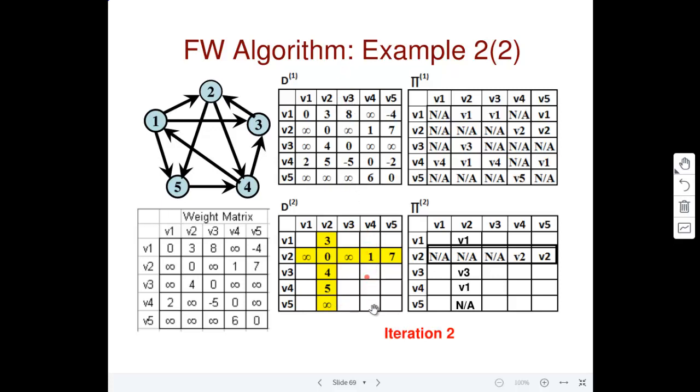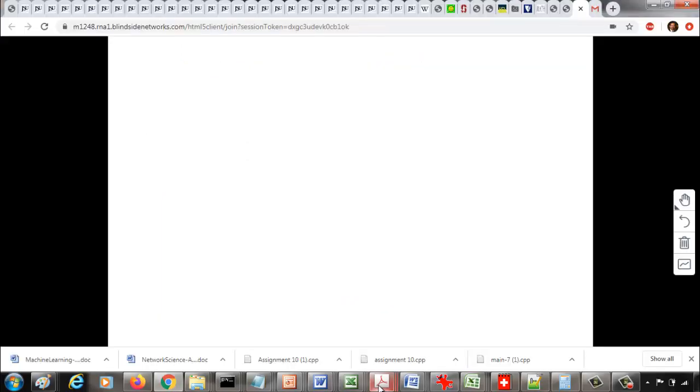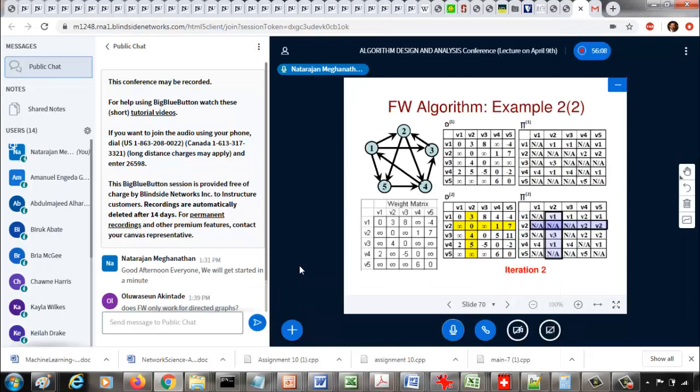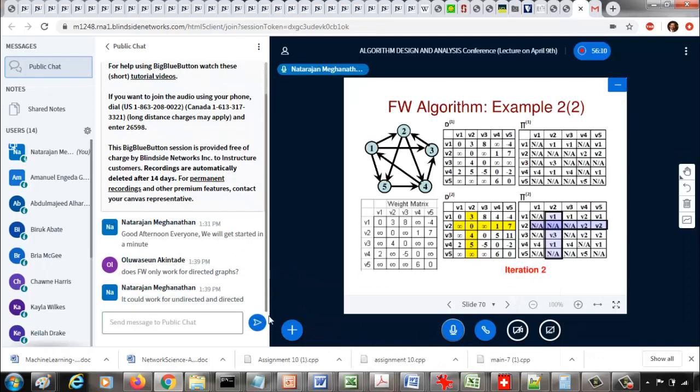But for this column we have to check, because we have 1 here, and that means we are going to add 1 plus something, 1 plus something and so on. So it's better to check. Similarly for this column we are going to add 7 plus something, and so on. So it's better to check. That's how you could decide to fill up the entries in an exam more quickly.